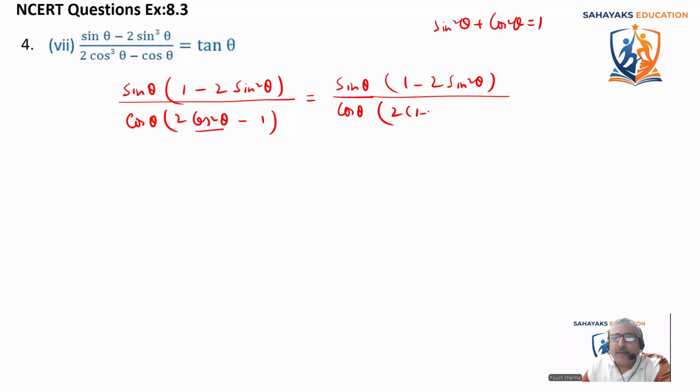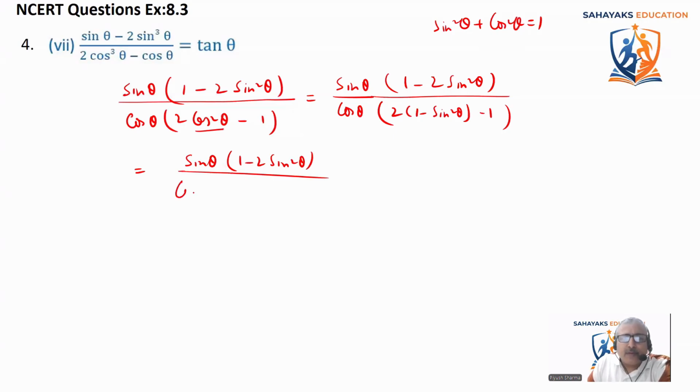It becomes 1 minus sin square theta minus 1. So that gives us sin theta into 1 minus 2 sin square theta divided by cos theta into 2, we'll multiply, 2 minus 2 sin square theta minus 1.